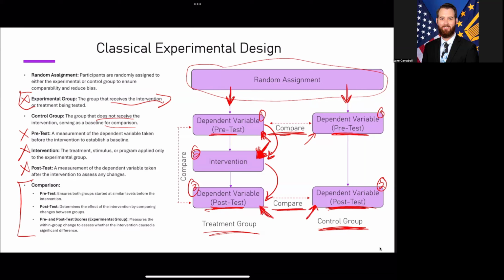If we envision that the experimental or the treatment group was impacted as a result of our intervention, we might see different spending preferences here for the treatment group. The average would be different than this group, right? At the post-test, because at the pre-test, we expected them to be about the same, right?